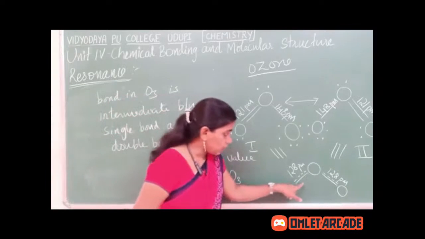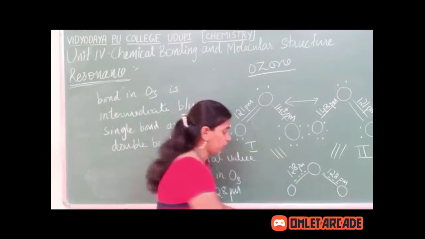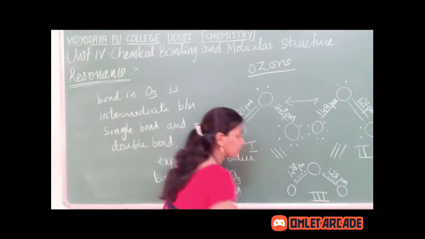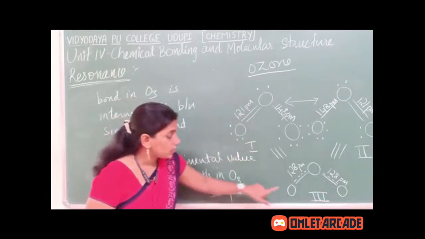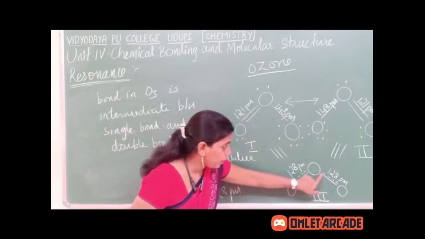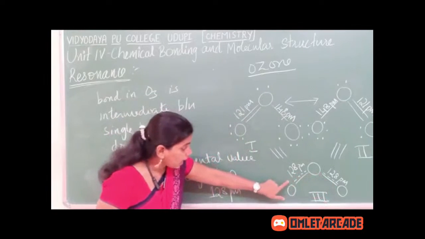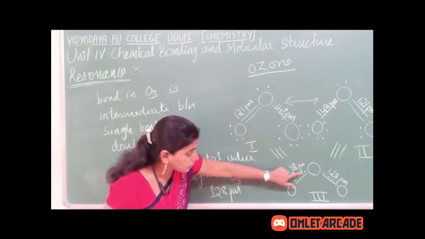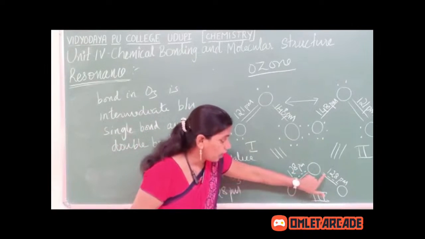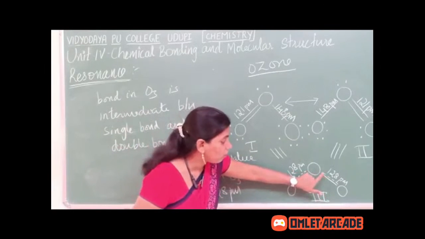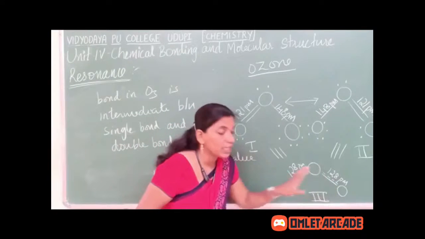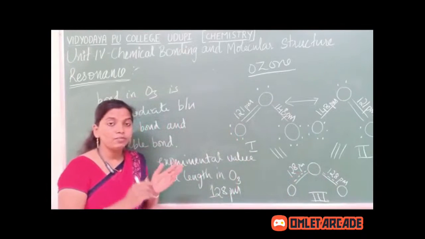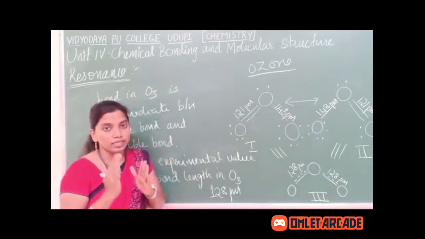See the structure. Now this is the third structure. One bond is written as a solid line and the second bond is represented by a dashed line. This indicates the bond is in between a single bond and a double bond.